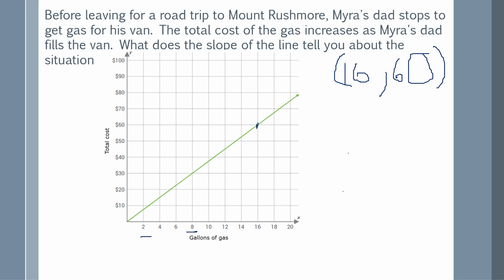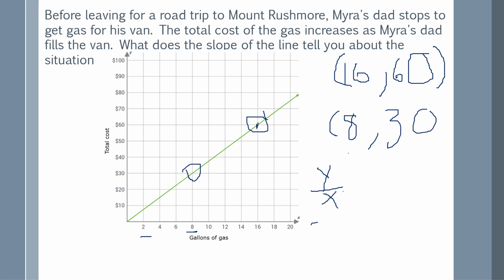So when x is 8, I go for $30. Now, I got some information where I could consider my slope. So remember, slope is rise over run, so it's going to be y over x.